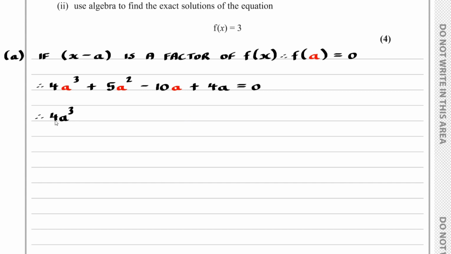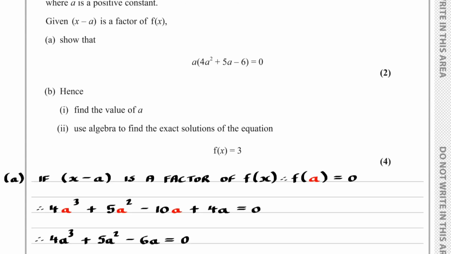So we have 4a cubed plus 5a squared subtract 6a equals 0. And each term contains an a, so what we can do is factorize out an a. So we have a multiplied by 4a squared plus 5a subtract 6, and this is equal to 0.